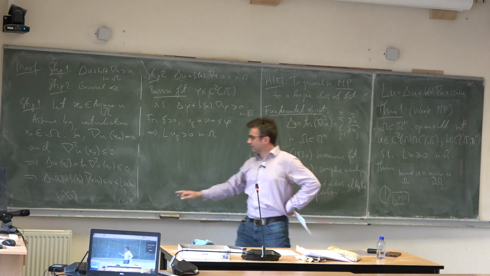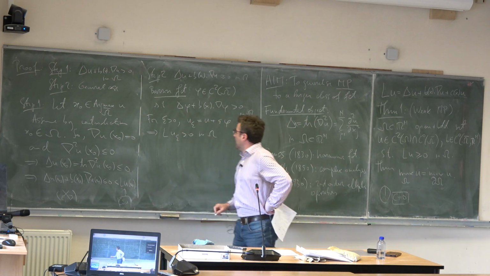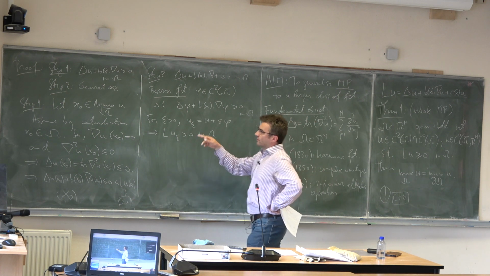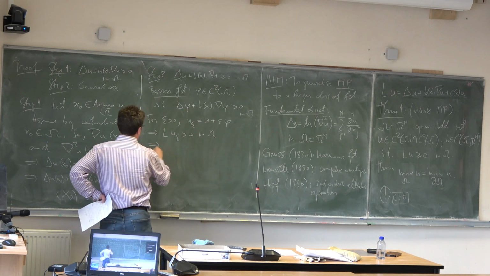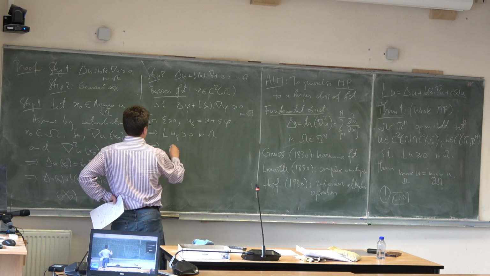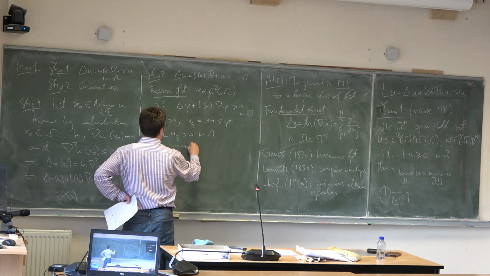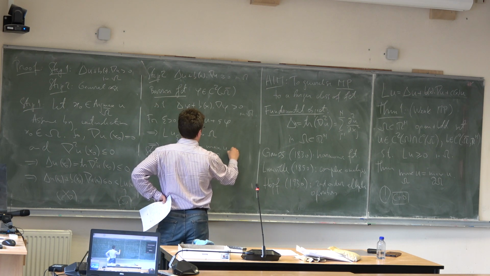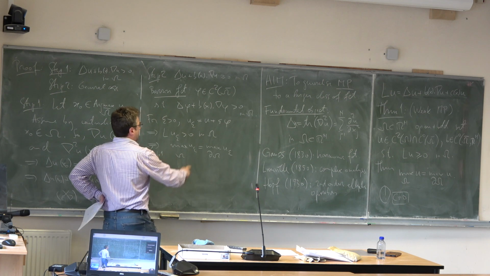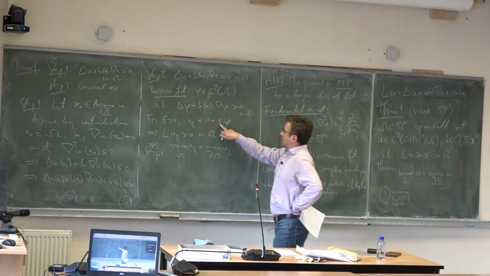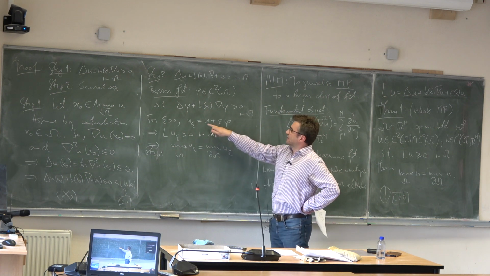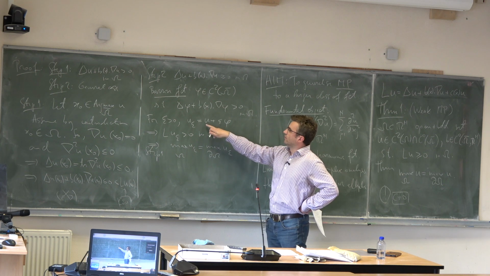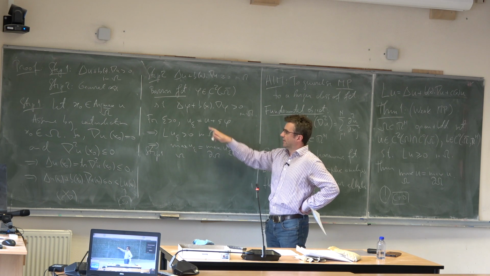So always here C0 is strictly positive. So then you can apply the first step. So you know that the maximum of u epsilon is achieved at the boundary. But also, since this is bounded, these functions converge uniformly to u, right?